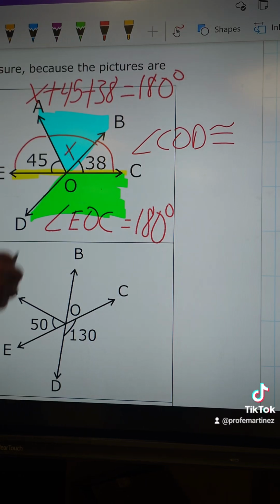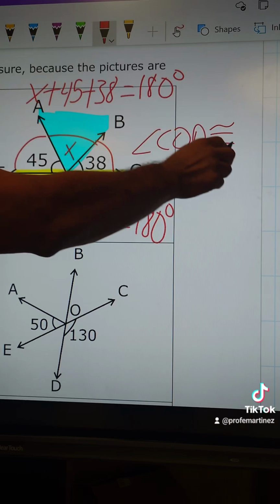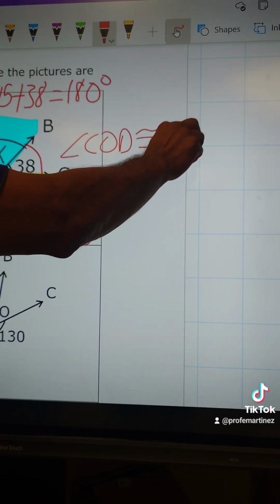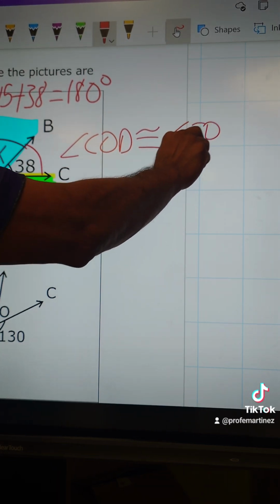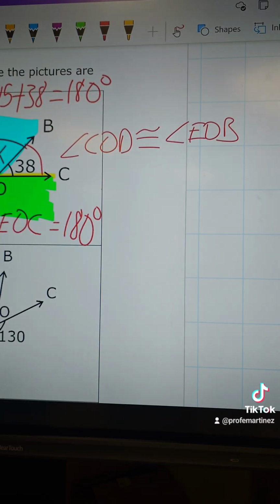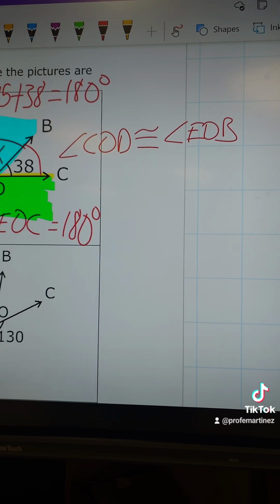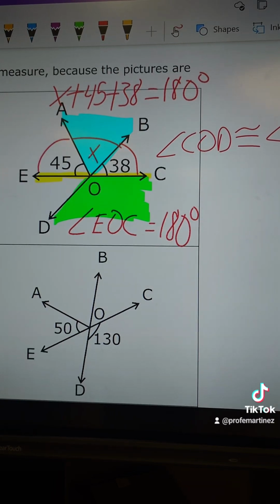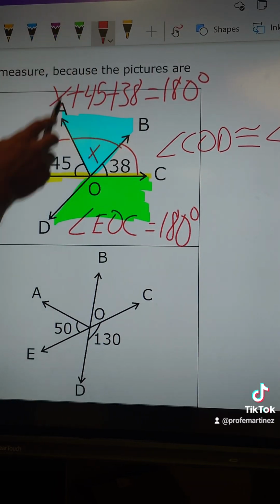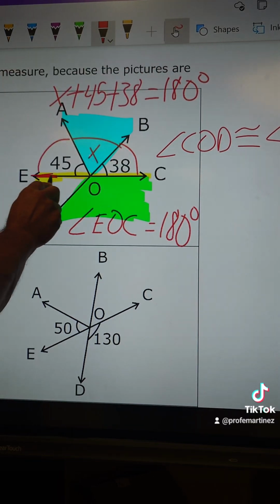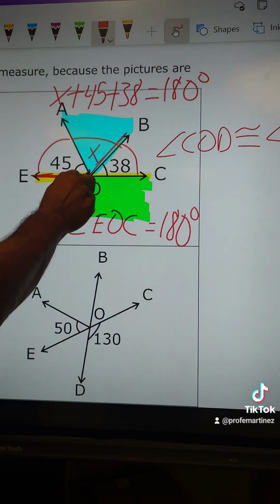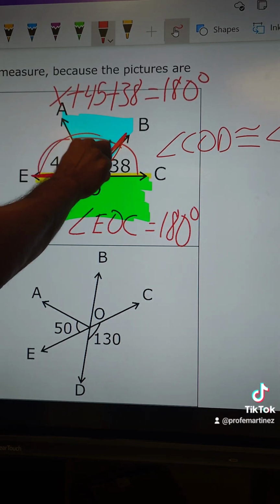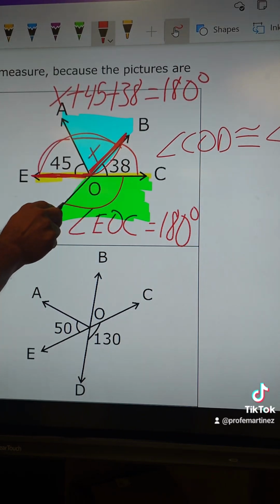So I can say it's vertical to EOB. Okay, and how do I know those two angles are vertical? It's because they're right across each other. And so angle EOB, this angle here, is the same as this angle here.